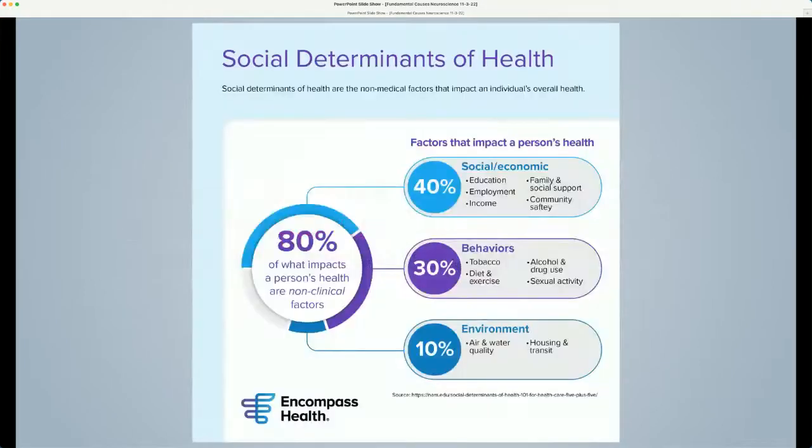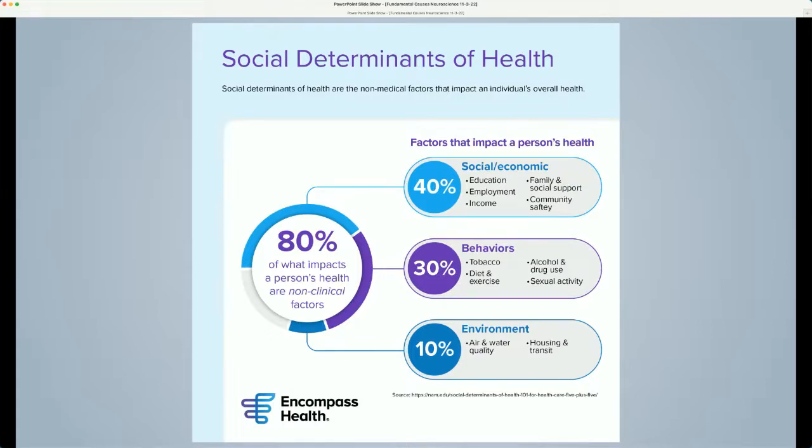This slide underscores the value of this theory in healthcare. 80% of what impacts a person's health is non-clinical. 40% of it is identified as social and economic. We have established health is not determined by the color of one's skin, but is influenced by a host of social factors according to which a person's skin color determines access or lack thereof to life-sustaining resources, including medical care.